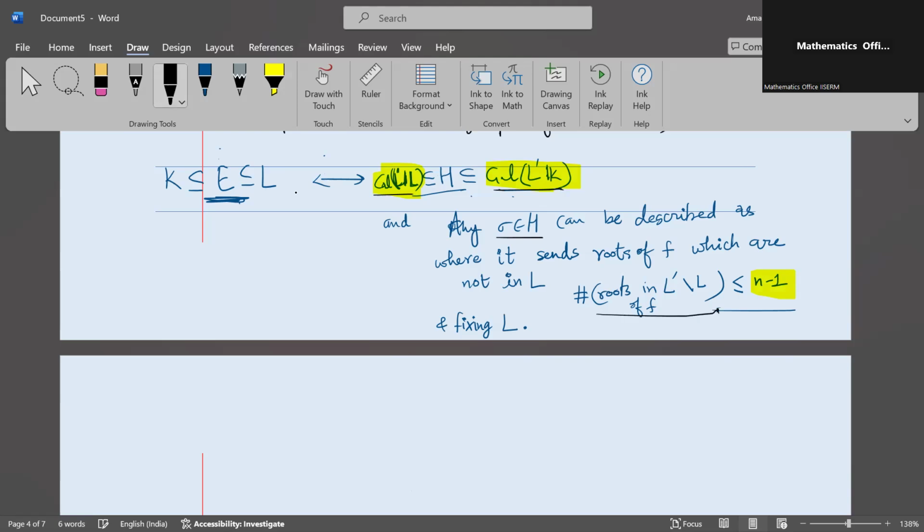And there are at most n minus one choices of roots of F lying in L prime but not in L. We are just permuting all the roots, possibly. They are automorphisms.